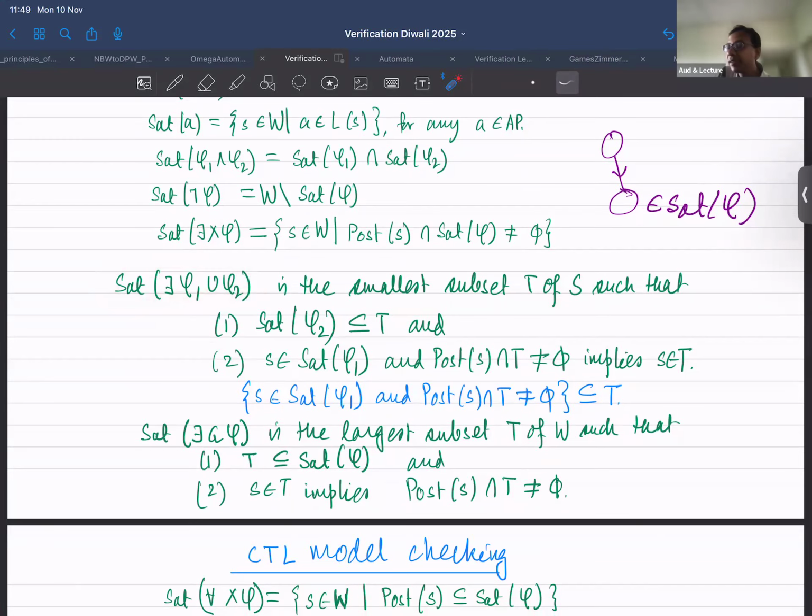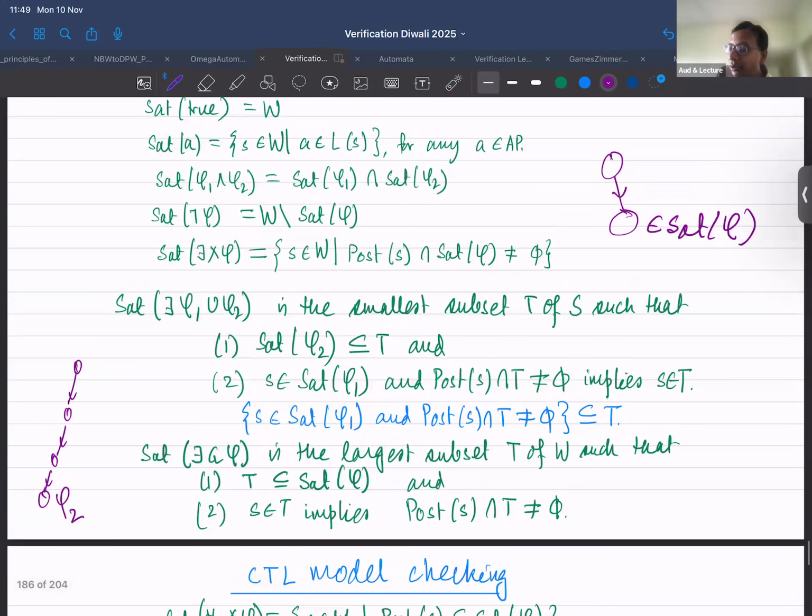It's a set of states such that there exists a path, and somewhere down the line, you should see a state that satisfies phi 2 while going through states which satisfy phi 1. That is what it means.